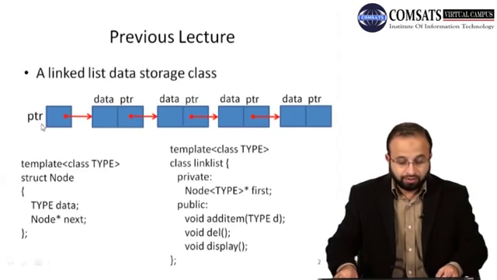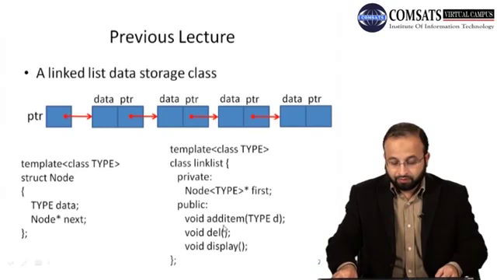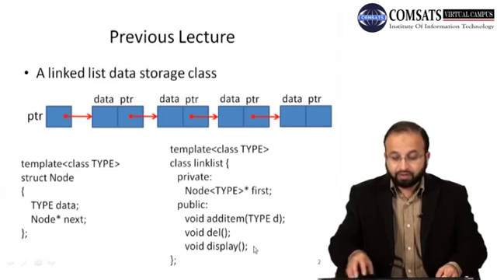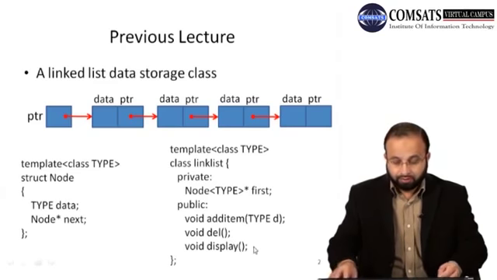This first pointer points to the first node in the list, right? And then we have seen that we can add an item from the end, and we can delete any item in the linked list and display the linked list by moving the pointer, right?